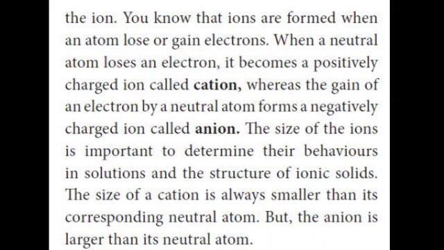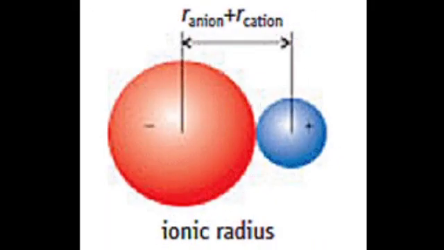The size of a cation is always smaller than its corresponding neutral atom, but the anion is larger than its neutral atom. See the diagram, anion and cation. The size of the anion is greater, the size of the cation is smaller.